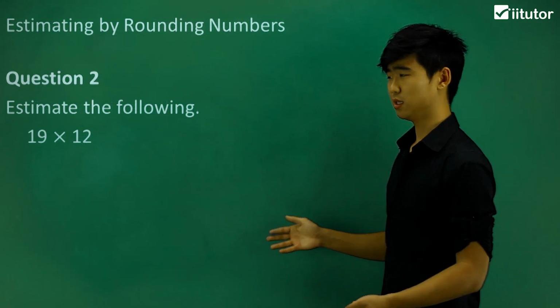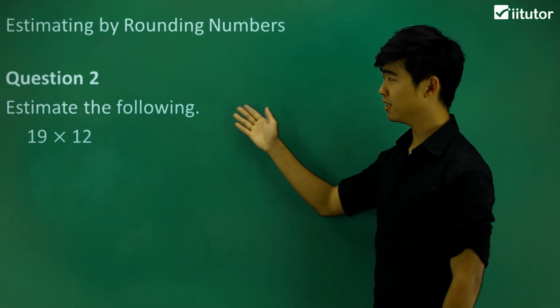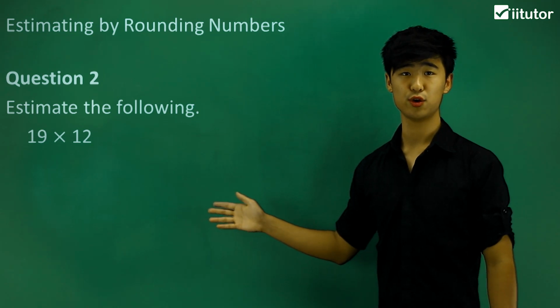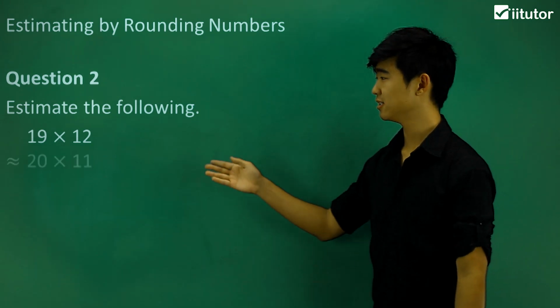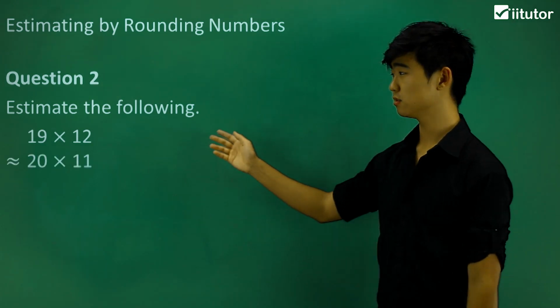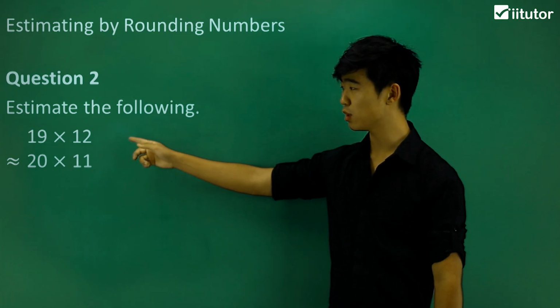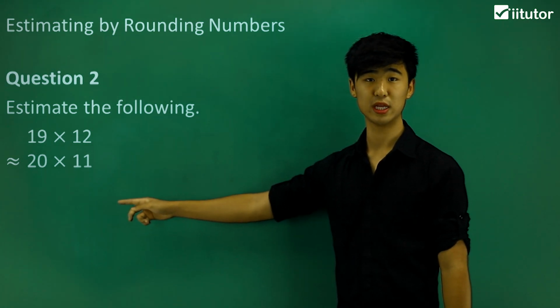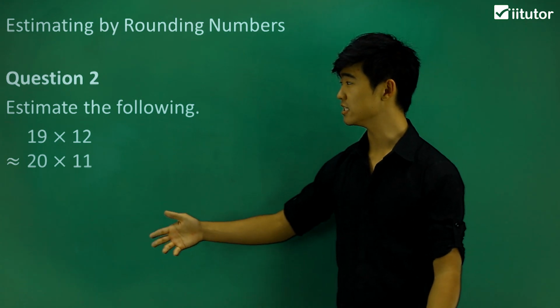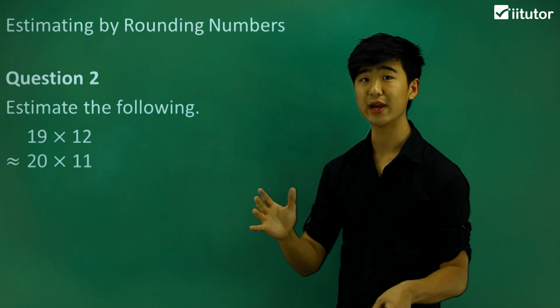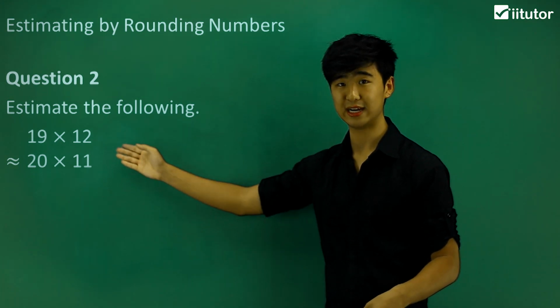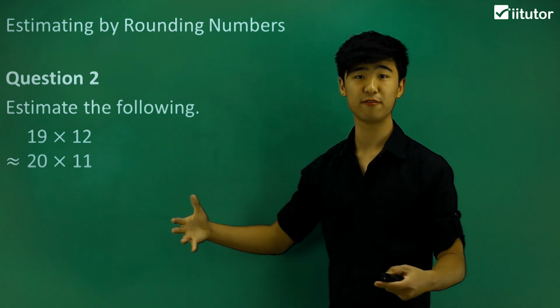Question number 2. Now we have some multiplication. Estimate this. So let's try and change these numbers around. Approximately, 19 can go up to 20, and 12 could go down to 11. Again, this is estimating, so there's no one correct answer. You can round 12 down to 10. That will be very easy as well.